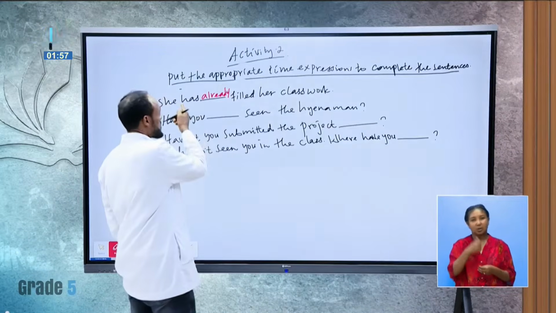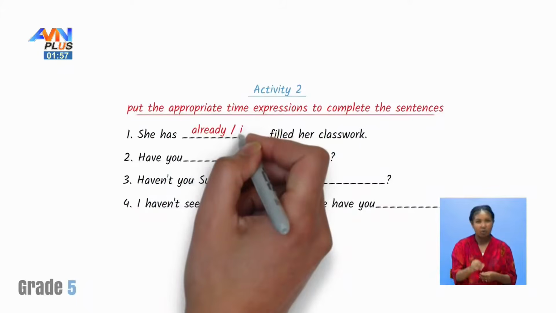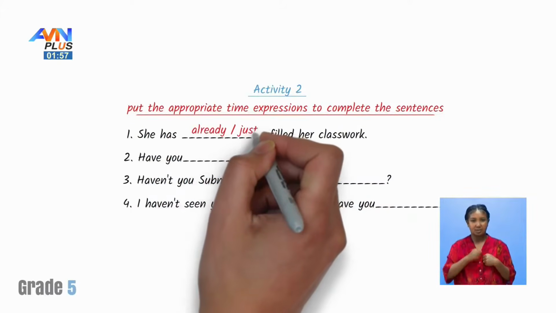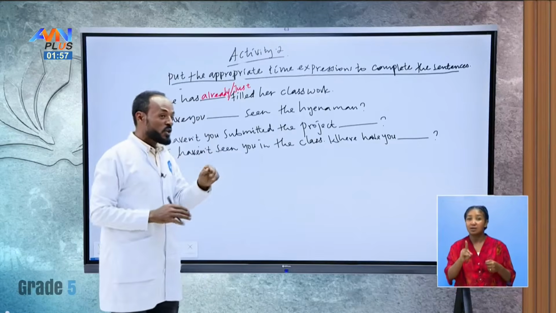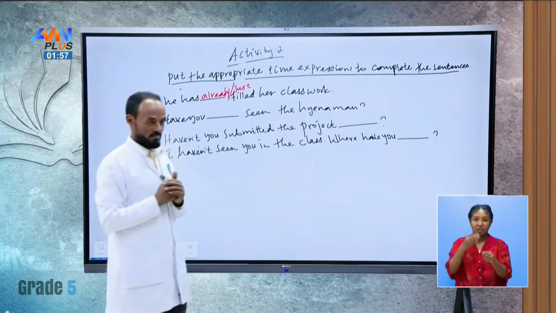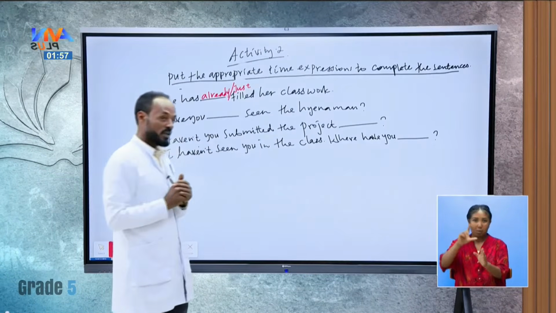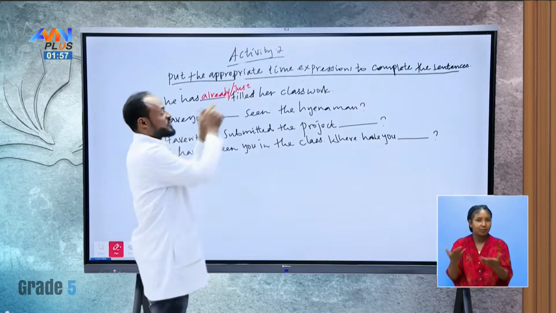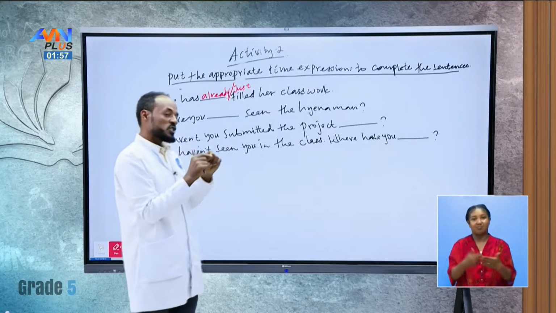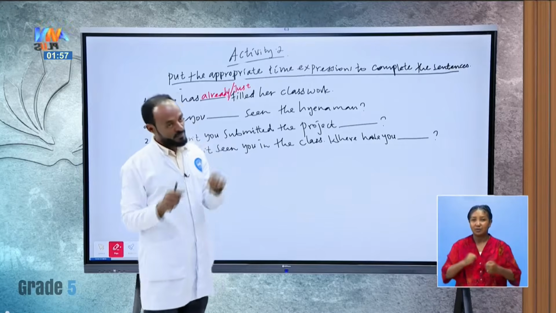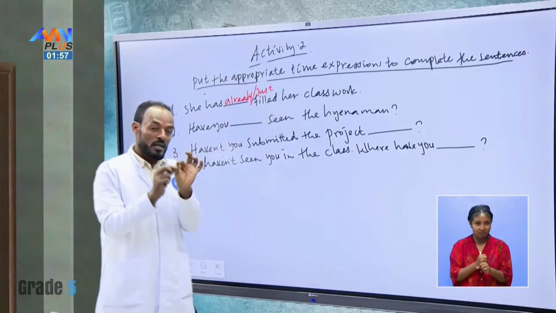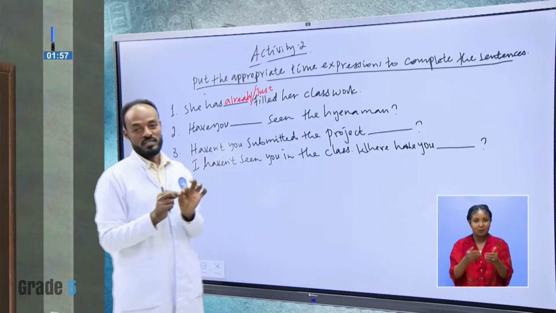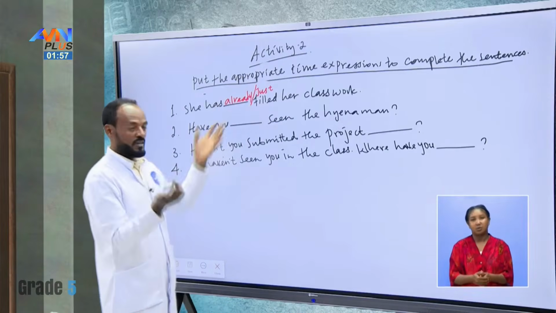You can say she has already or she has just. When you say already, you mean before the given time, sooner than the given time, okay? When you say just, this means she or he has finished the classwork very recently, okay? It's possible because it depends.